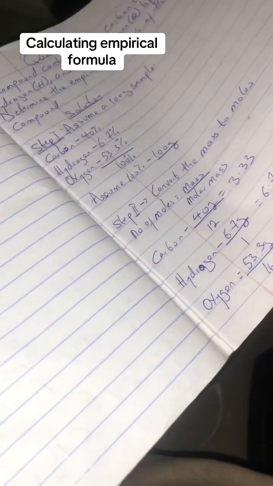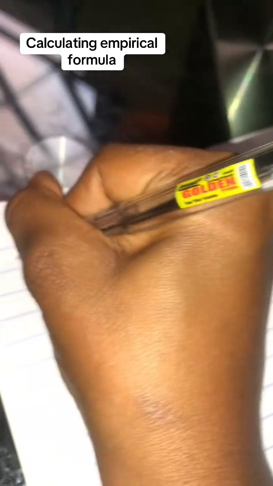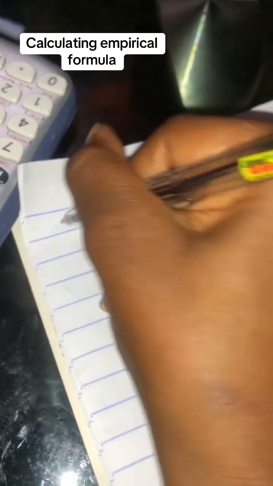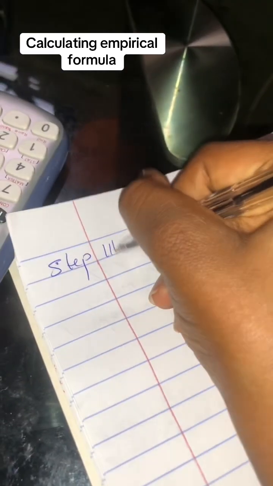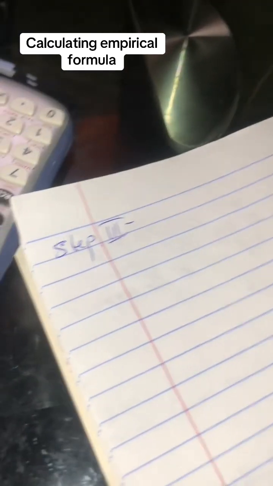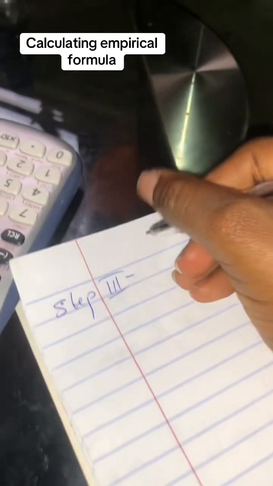This was step 2. Then the next step, step 3, would be divide by the smallest number.